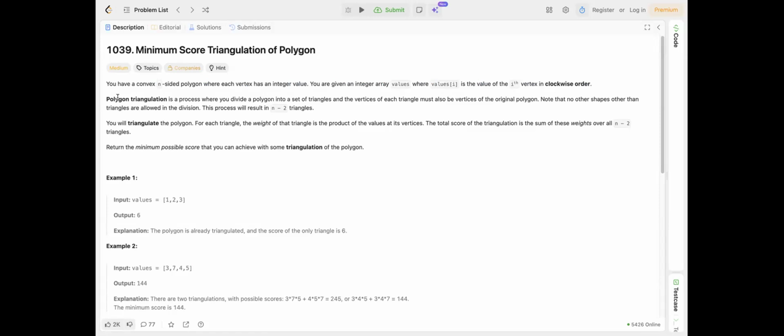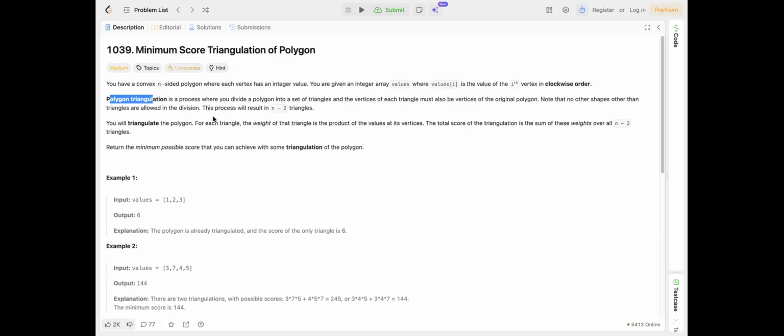And I think you've read the question, so I will just explain it, not read word by word. Basically, we have to divide our polygon into a set of triangles, and now you will calculate the score of those triangles. And how will you calculate?